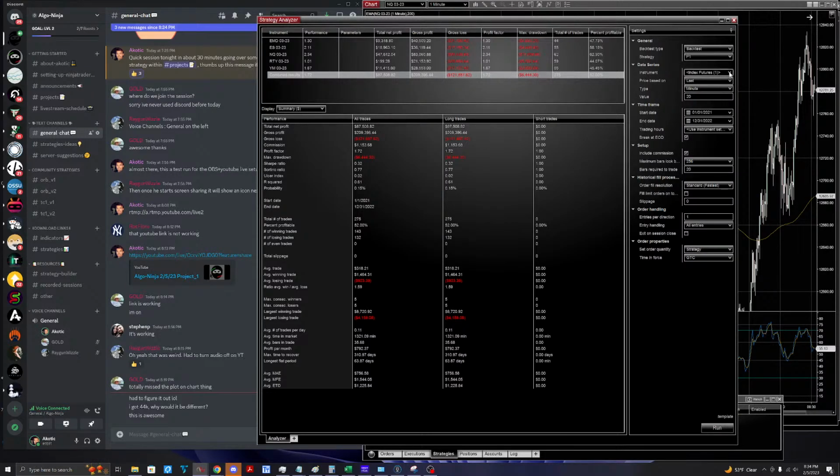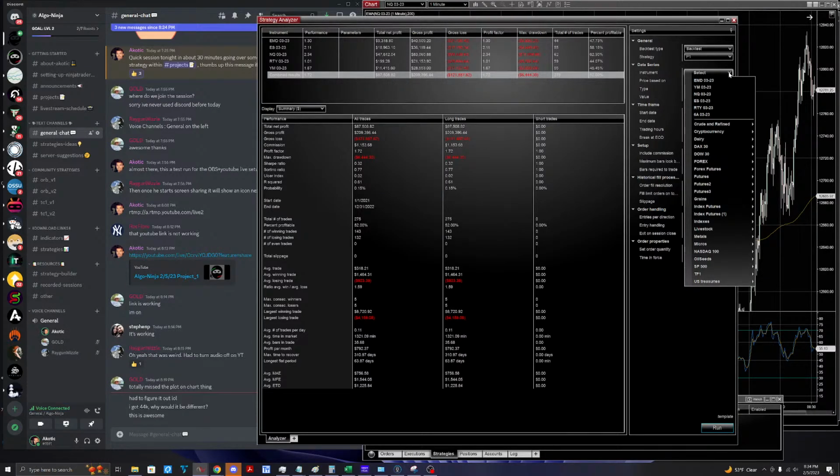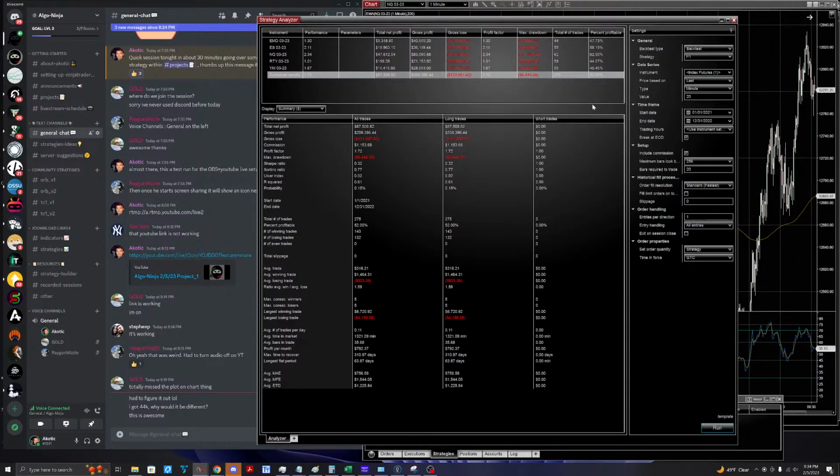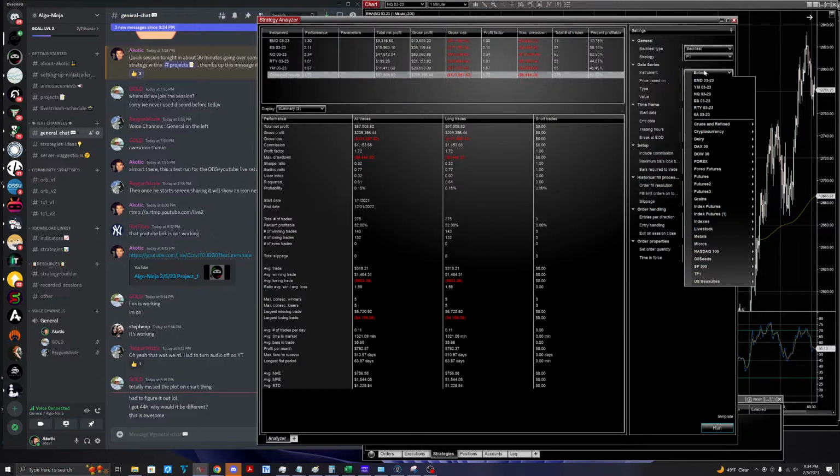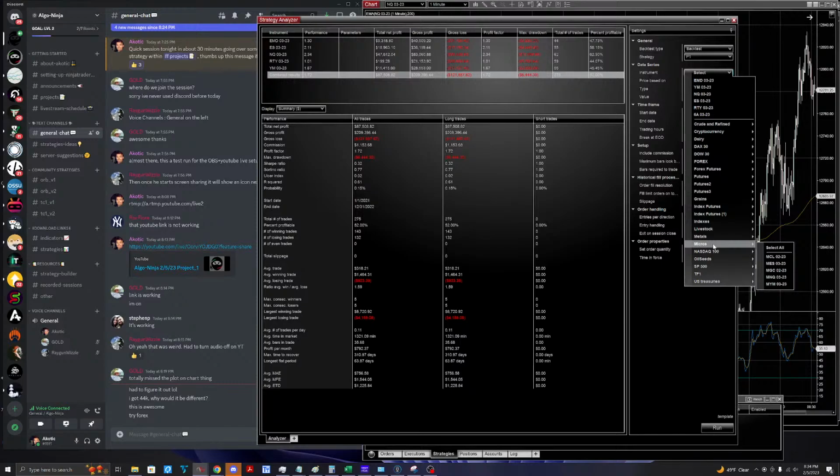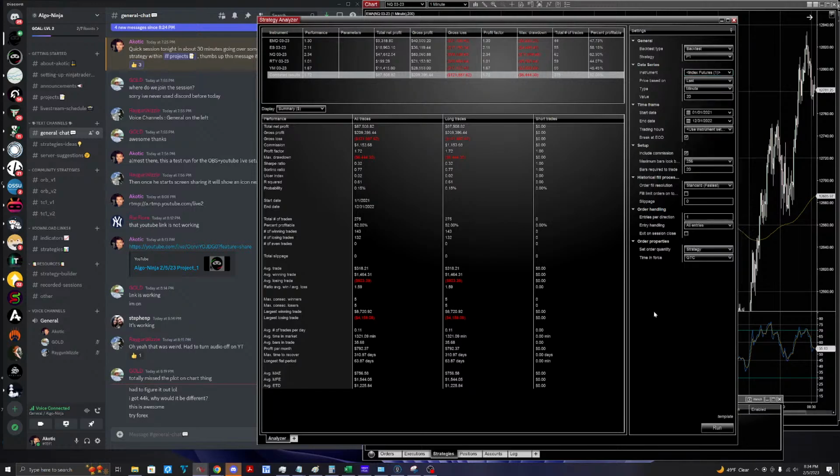But real quick, I kind of want to see how we perform on some different asset classes. I don't expect any of them to perform as well as the indexes. Simply, indexes are the most traded and have the most volatility, so normally your indexes are going to perform best overall. But if your setup is doing well on some other asset classes, then it provides good opportunities for diversification.